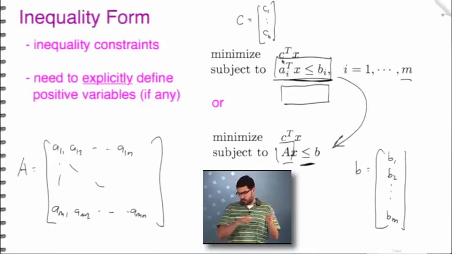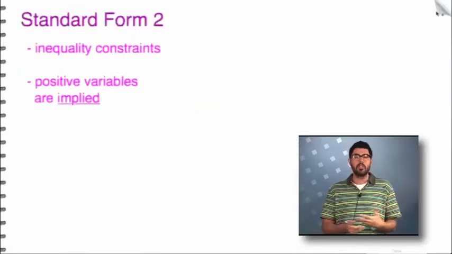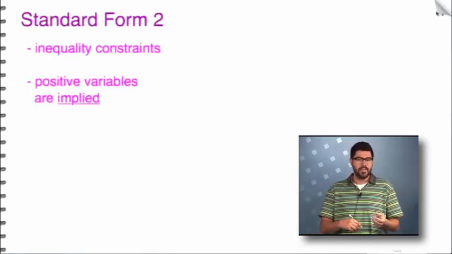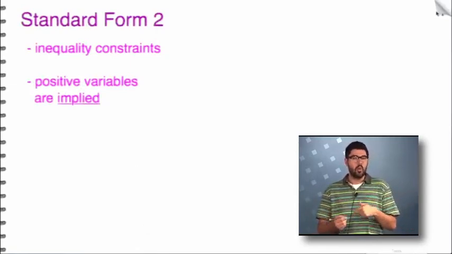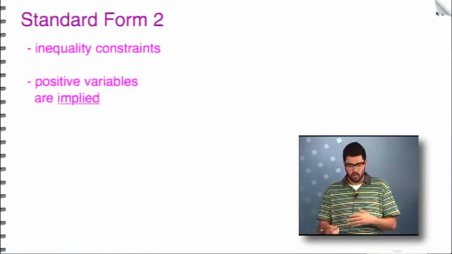Now, again, the interesting things come in when I go from different forms. So that'll be in the next short lecture. Okay. So now let's talk about standard form 2. The only difference between standard form 2 and standard form 1 is that instead of equality constraints like we had in standard form 1, we have inequality constraints.